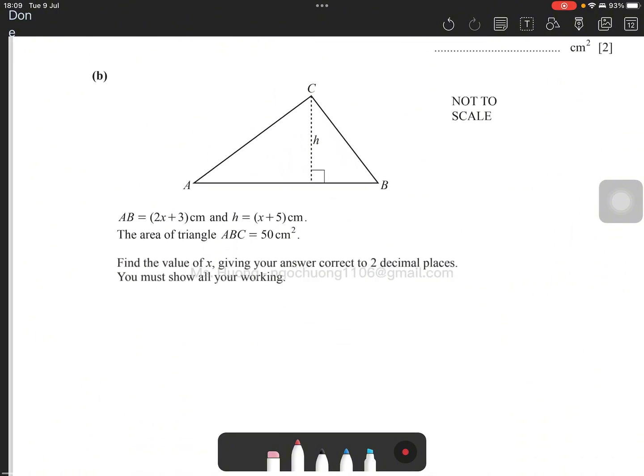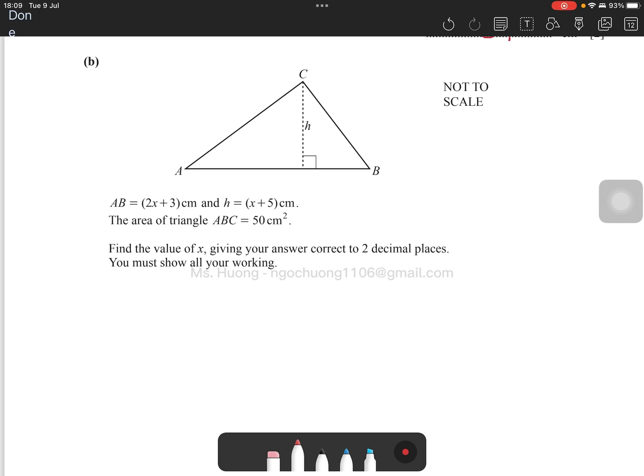Question B. AB is 2x plus 3 and H is x plus 5. The area of the triangle ABC is 50 square centimeters. So we'll write down the area of the triangle. Similarly, base times height over 2.